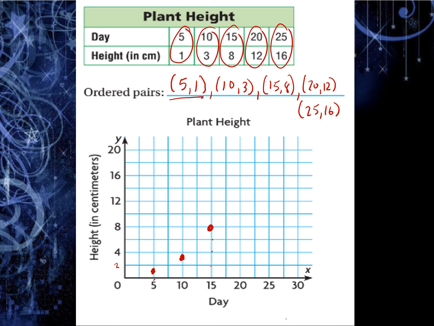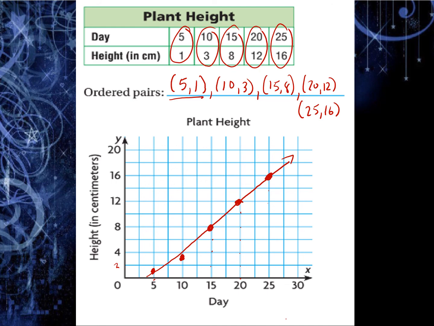Over 20, up 12. Over 20, up 2, 4, 6, 8, 10, 12. And over 25, up 16. 12, 14, 16. And this makes sense. As time goes by, the plant grows taller.